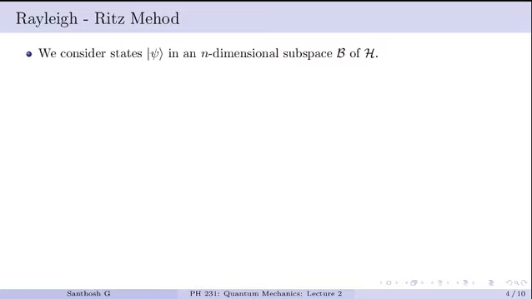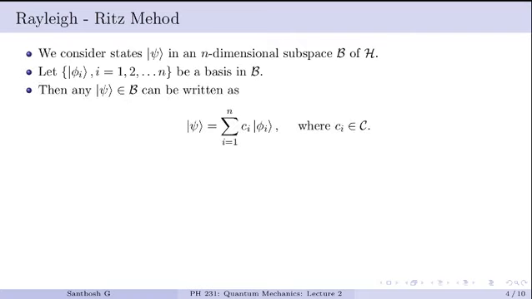Consider an n-dimensional subspace B of the Hilbert space H, and let the set of vectors phi i with i running from 1 to n span this subspace B. Then any vector psi in the subspace can be written as a linear combination of this given set of vectors phi i.